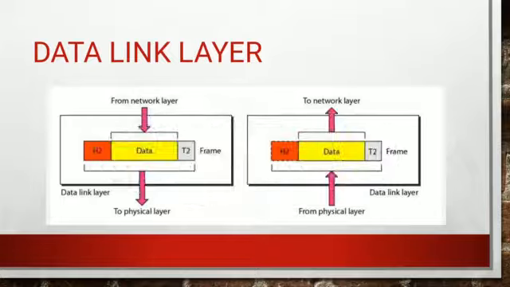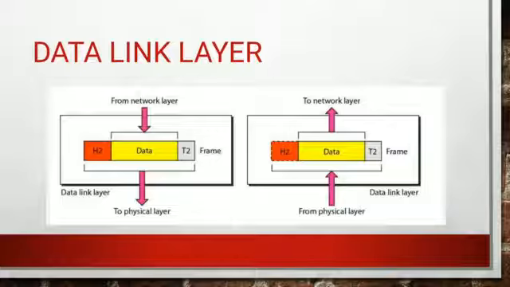Here, the data is collected from the network layer, and to that data we add two things: one is a header, another one is a trailer. That header and trailer are nothing but the MAC address of the source and the MAC address of the receiver devices. Once the framing is done, and framing is of different types, different framing techniques are used to frame the data.